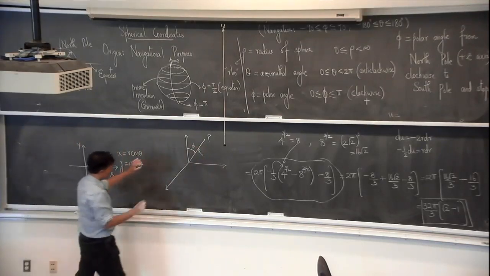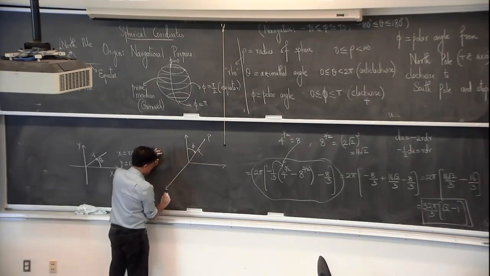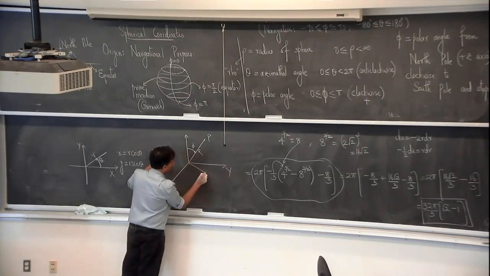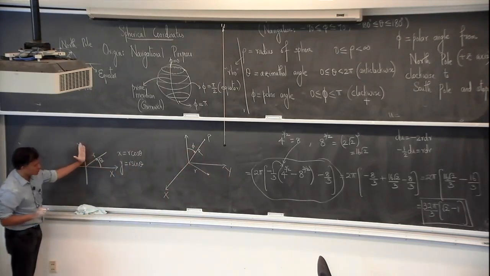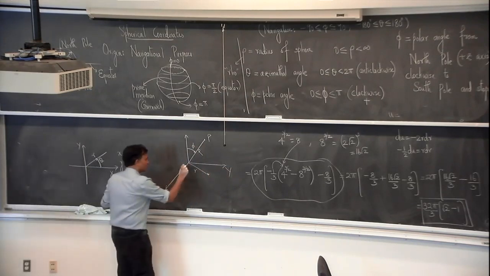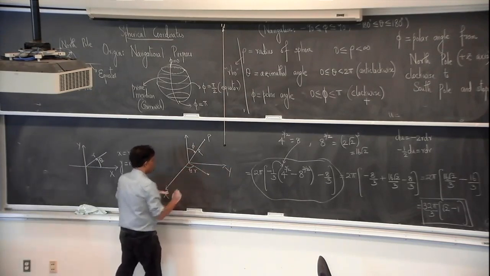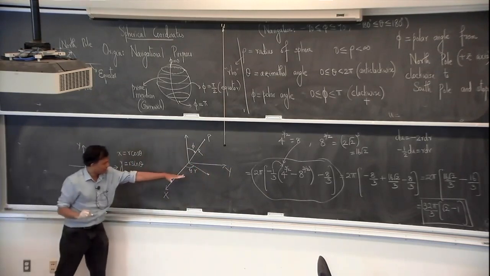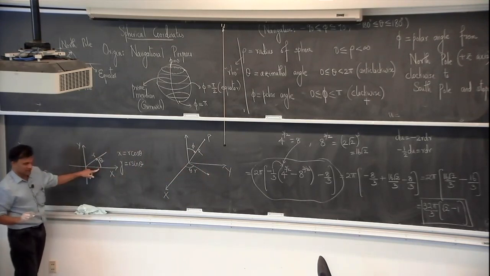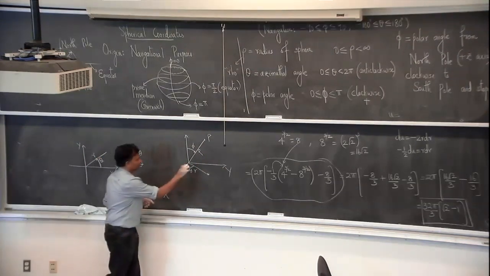Your radius r is still on the xy plane, and theta is done counterclockwise from the positive x-axis towards the y-axis. So just looking here on the xy plane, theta starts from the positive x-axis to the y-axis.